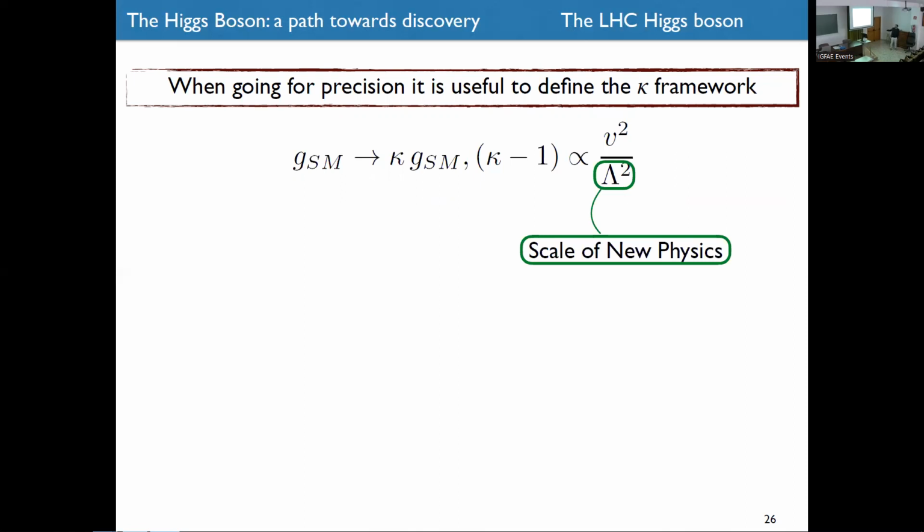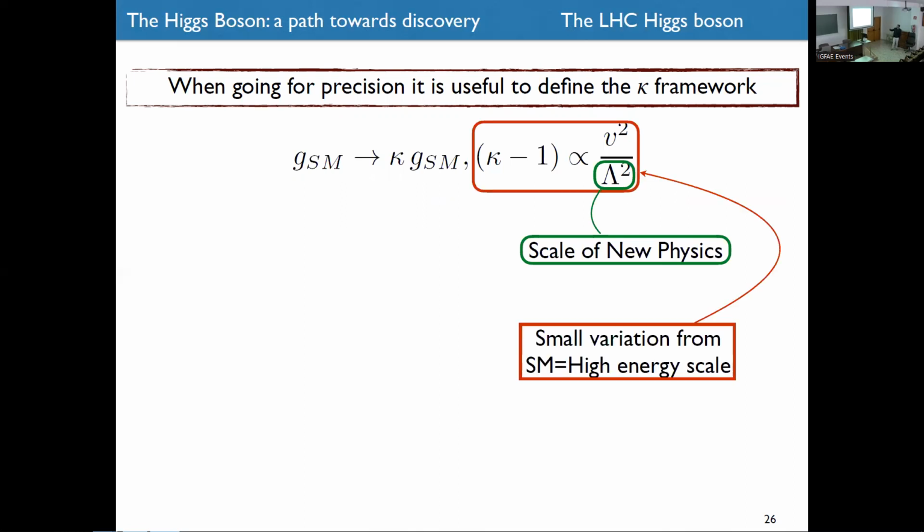So if you can measure this kappa very well, or if you can bound it very well, you can get information of where and maybe what kind of new physics could appear. So the more precise you can be here, the higher scale you can reach.